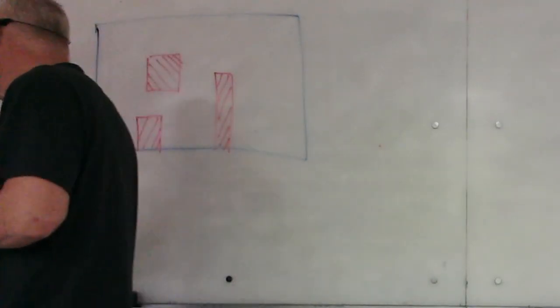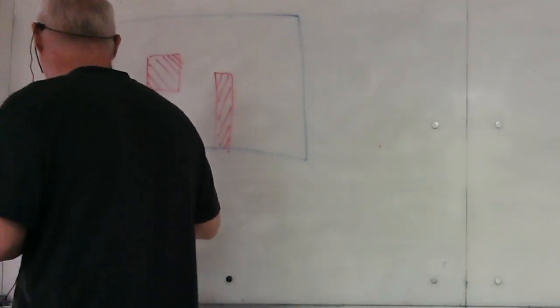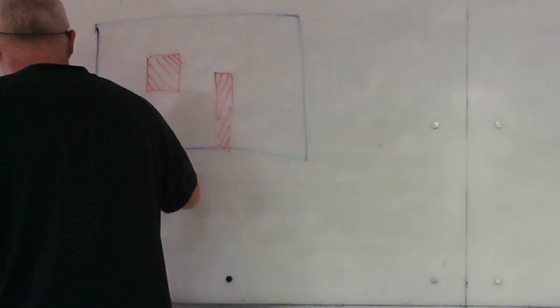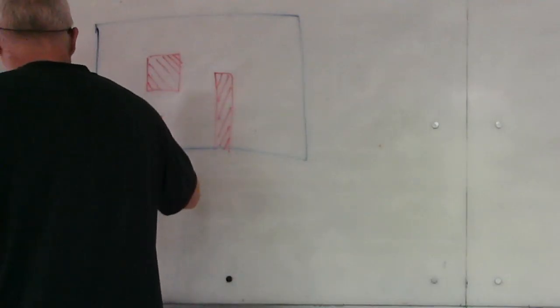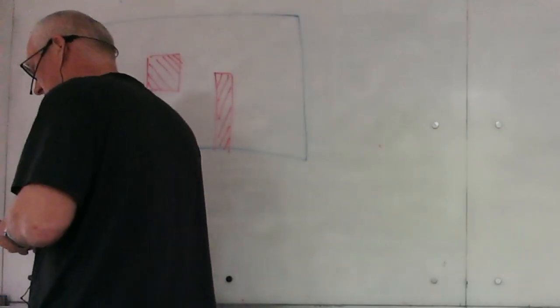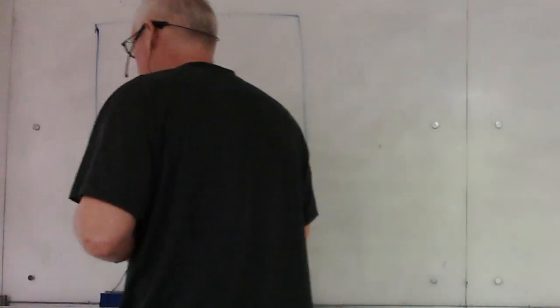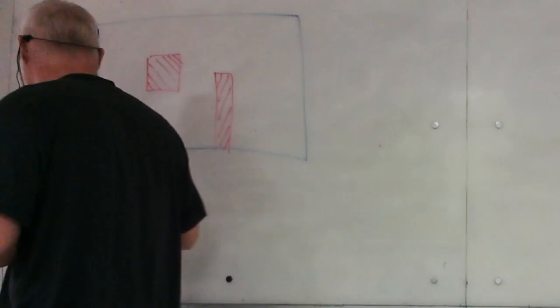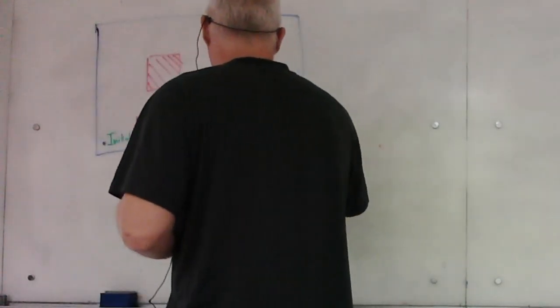The robot is currently at a position which is called our initial position. And we want to move to a goal position. Let's say over here.